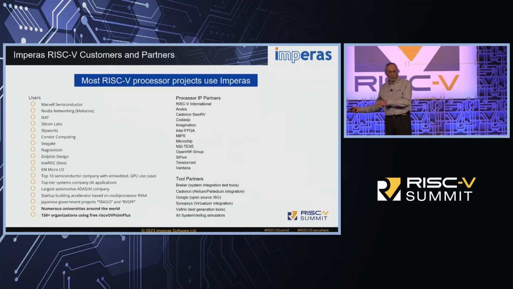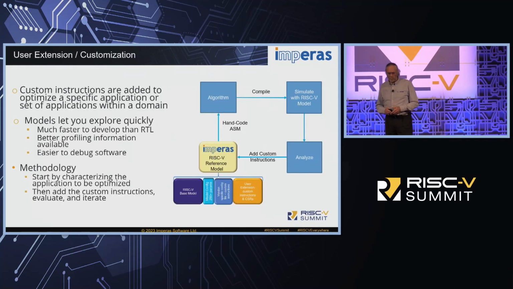Bottom right, we've got tool partners, whether it's Breker in system integration, Valtrix in test generation, Cadence and Synopsys in the system simulation side of things. We work with the processor IP vendors, so we have pretty much everybody's models. And then we have commercial companies doing their own thing with our technology. Most processor people are using Imperas in some way.